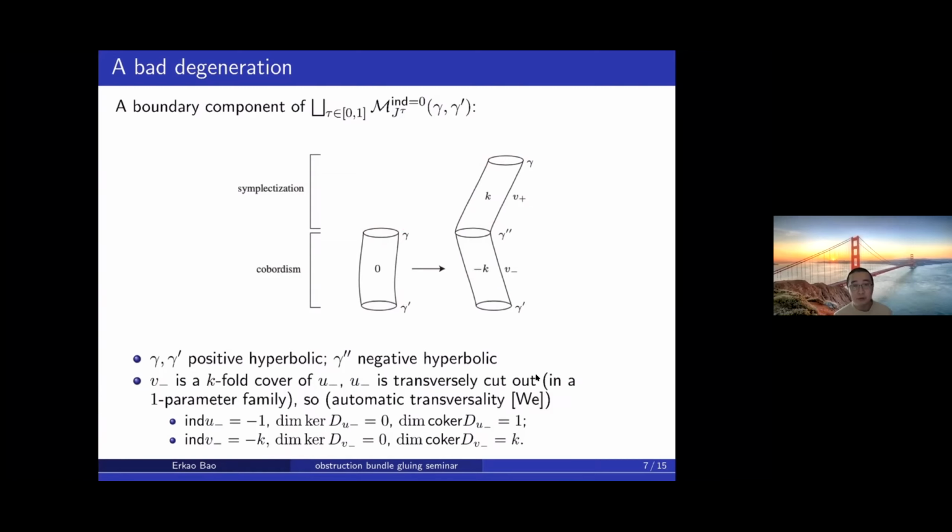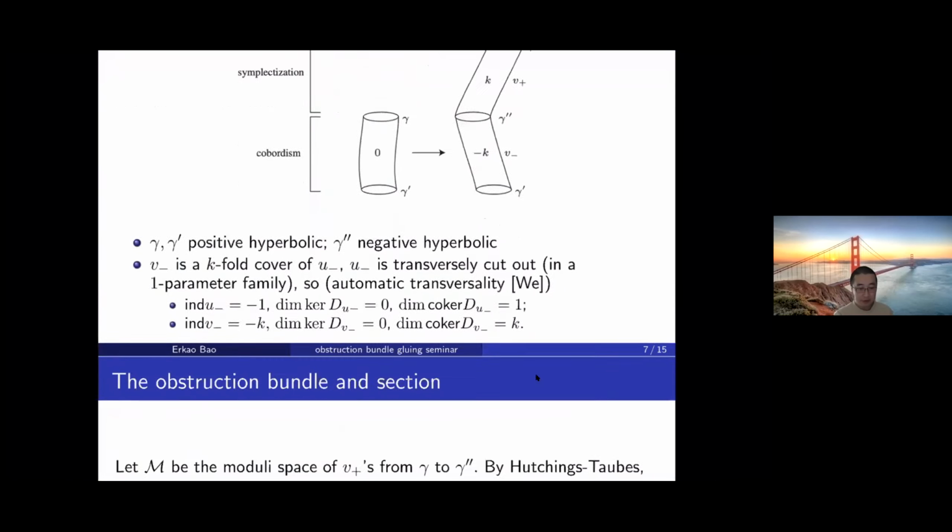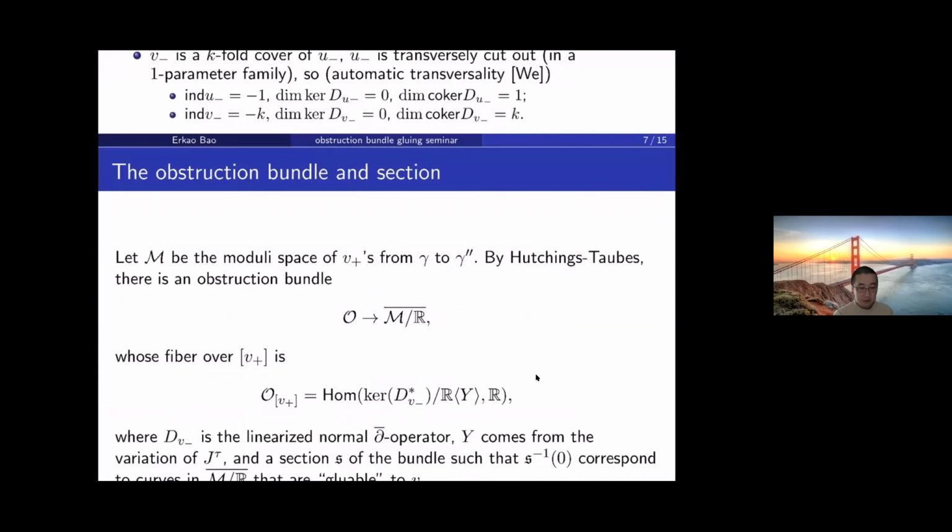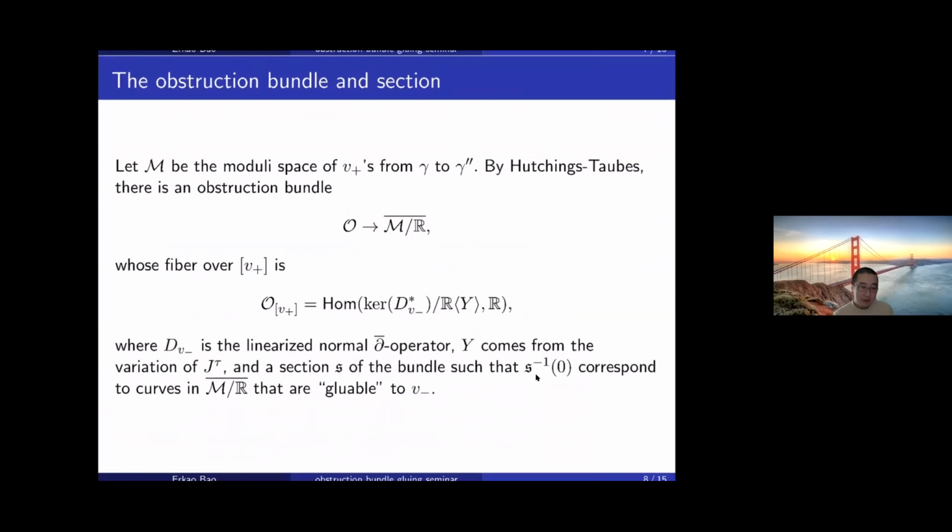So our goal is to figure out, among this large moduli space, which of these V plus can be glued to this V minus. So let's move on. This is an obstruction bundle gluing.